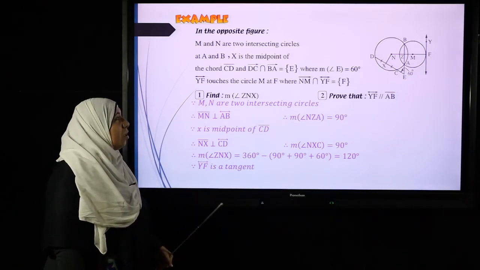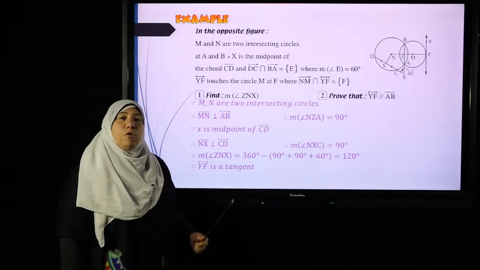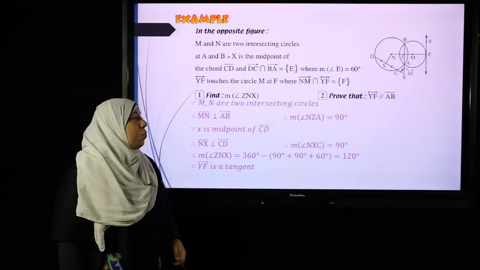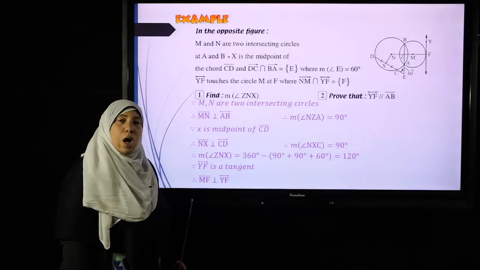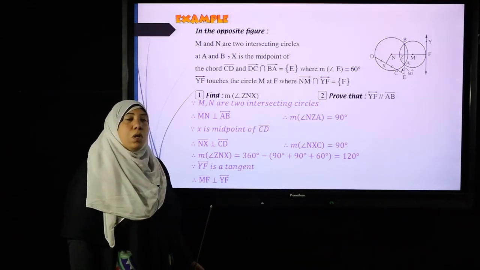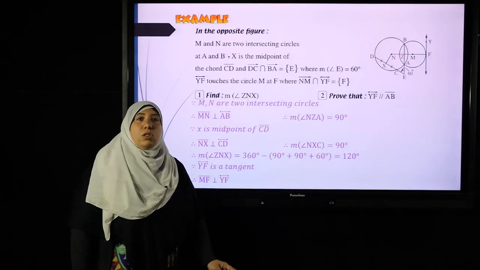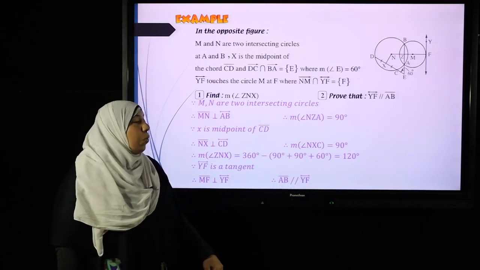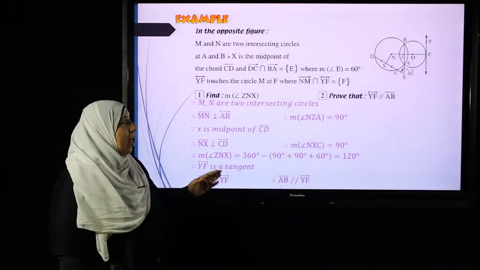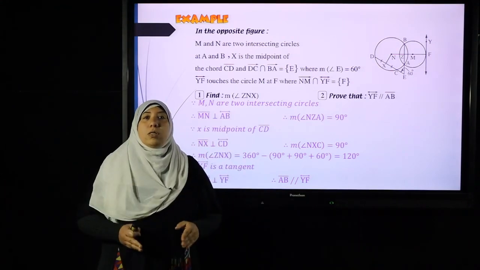If YF is a tangent of circle M, then any line from the center to the point of tangency is perpendicular to this line. So here also MF is perpendicular to YF. And we have studied in the first prep that if two lines are perpendicular to the same line, then these two lines are parallel to each other.